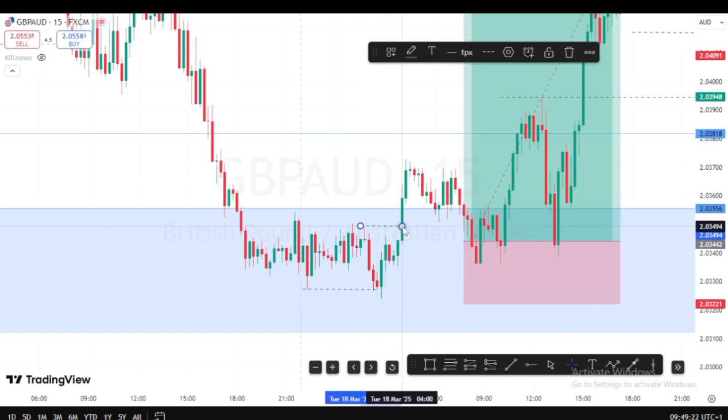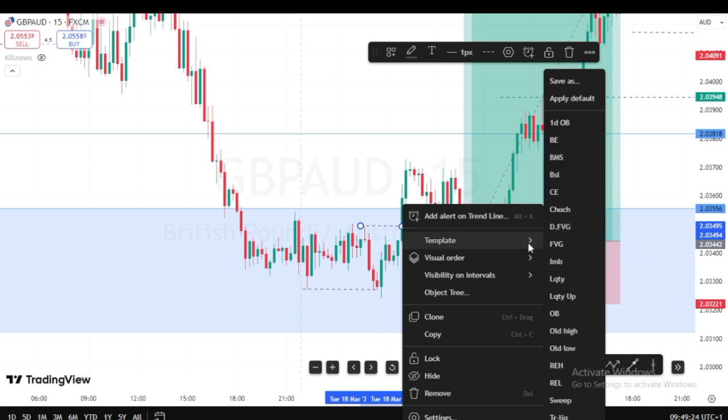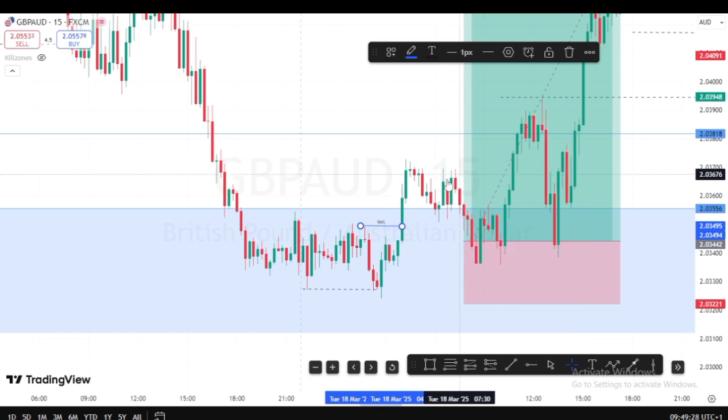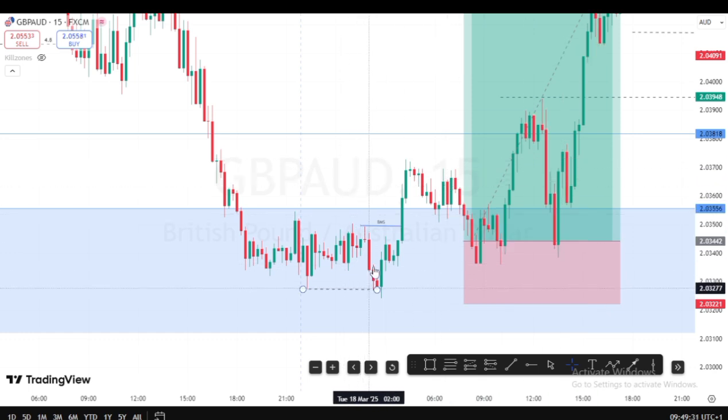Can you see that? Sweeping liquidity to the downside, then a break in structure to the upside. Then I used this other block that was attached to this fair value gap. Can you see this fair value gap here?